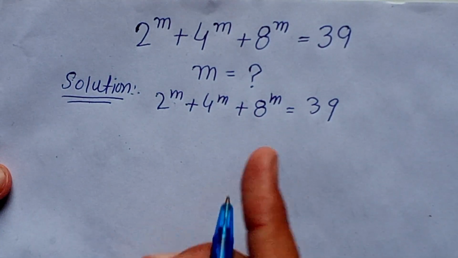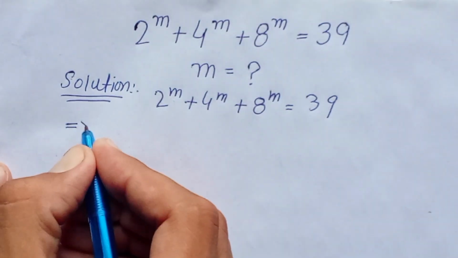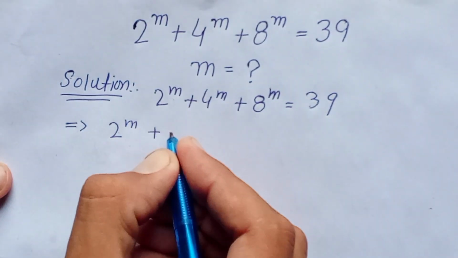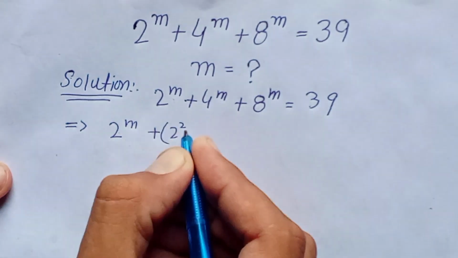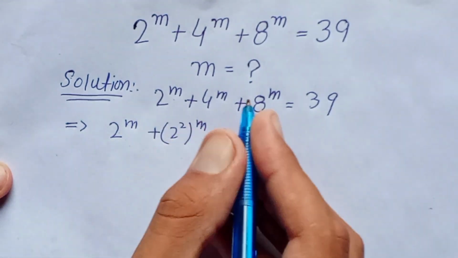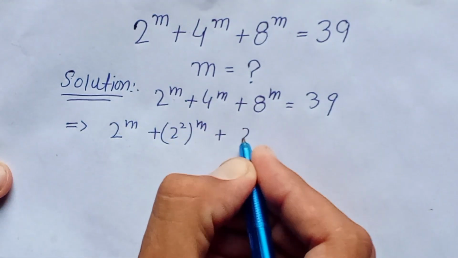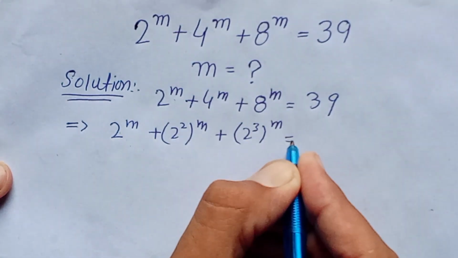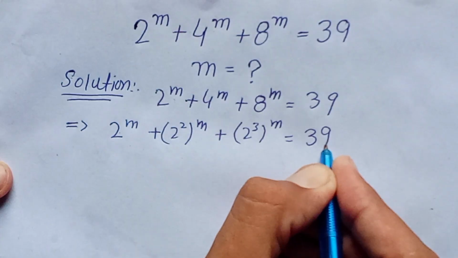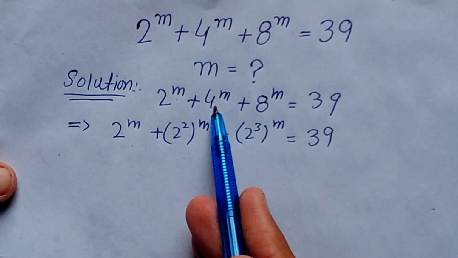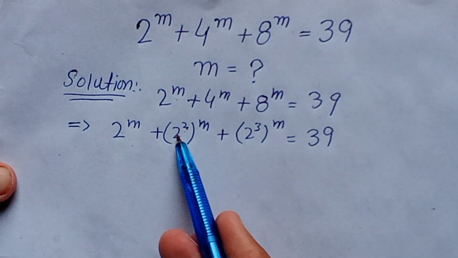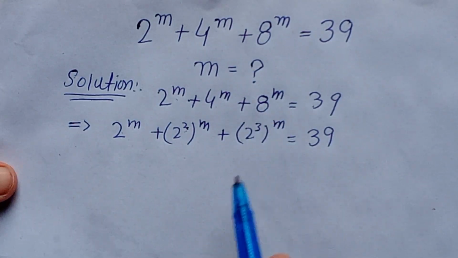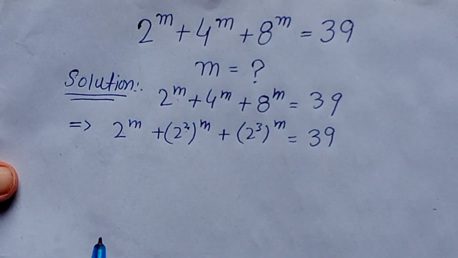Now I can write it as 2 to the power m plus (2 to the power 2) whole to the power m plus (2 to the power 3) whole to the power m is equal to 39. I can write 4 as 2 to the power 2 because 2 times 2 is 4, and 2 to the power 3 is equal to 8.